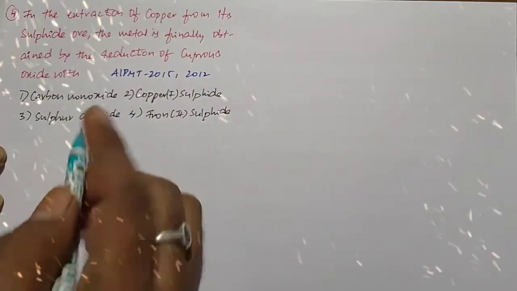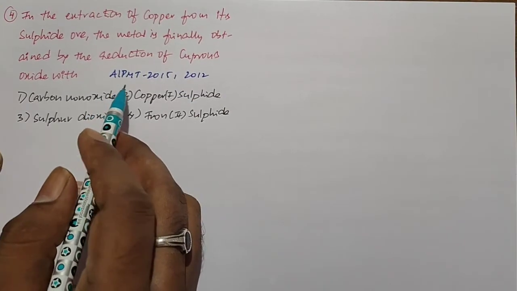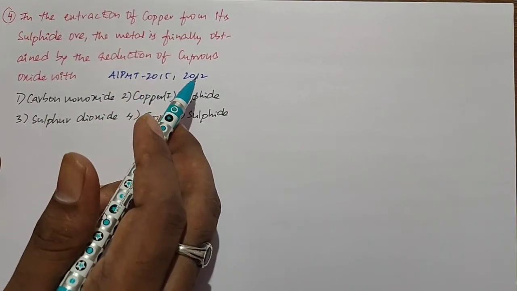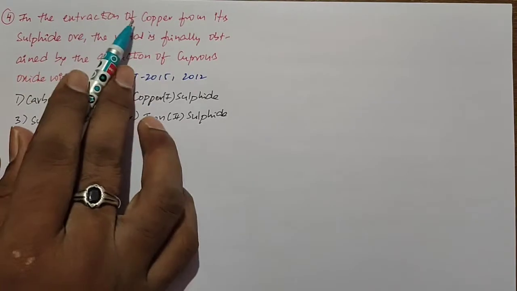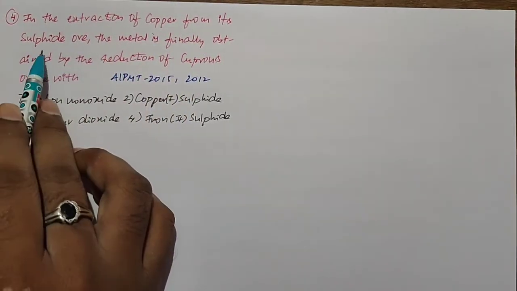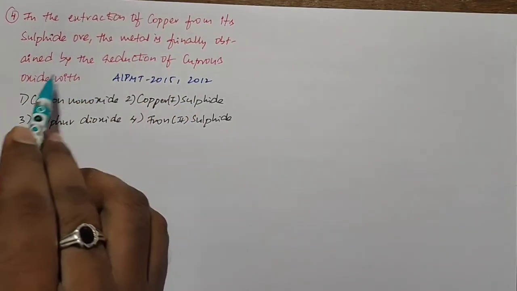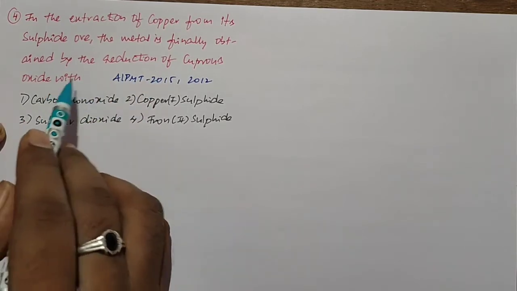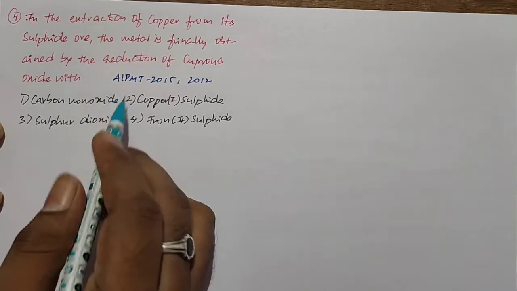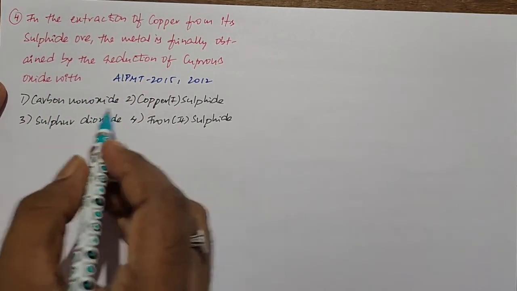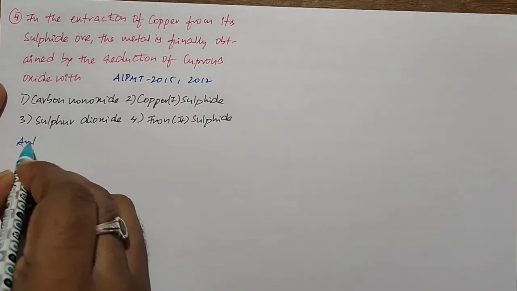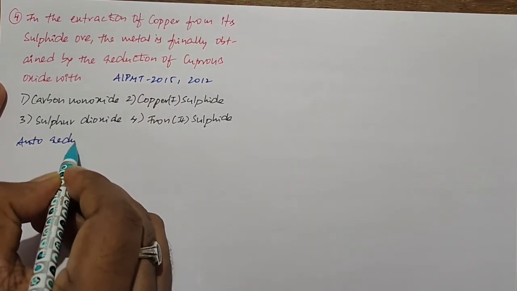So this is the next question. This question is given in the All India Pre-Medical Test 2015 paper and 2012 paper. In the extraction of copper from its sulphide ore, the metal is finally obtained by the reduction of cuprous oxide. Actually, the given question is an example of auto reduction.